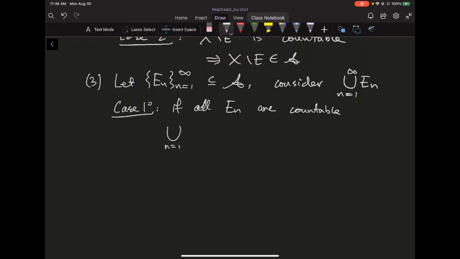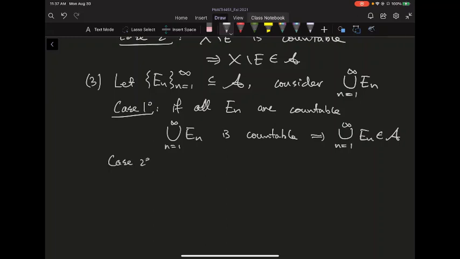This is a standard fact from set theory, so we know this is also countable. Because it's countable, it's in A, since A contains all the countable sets.